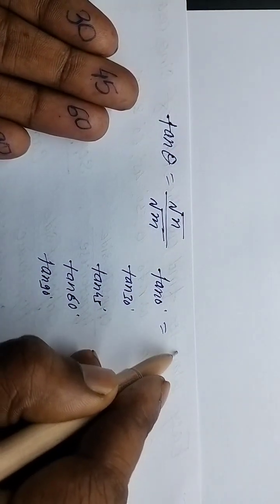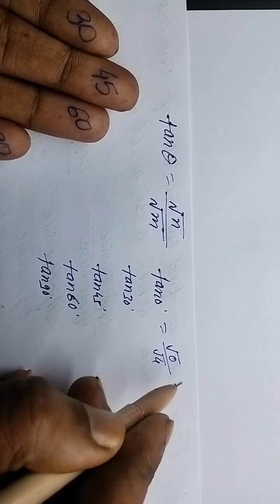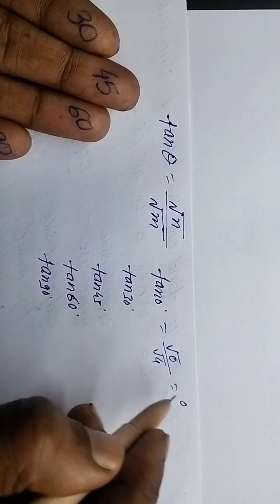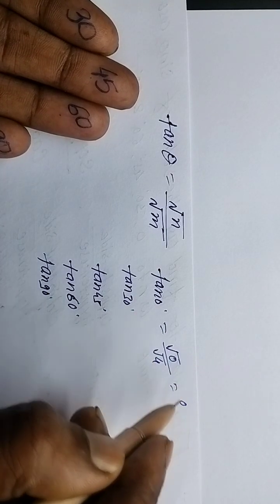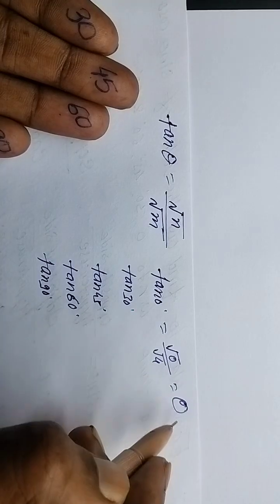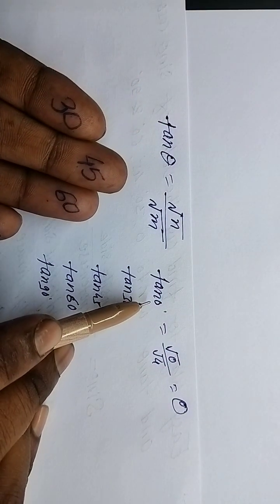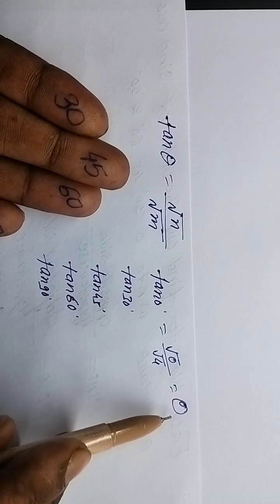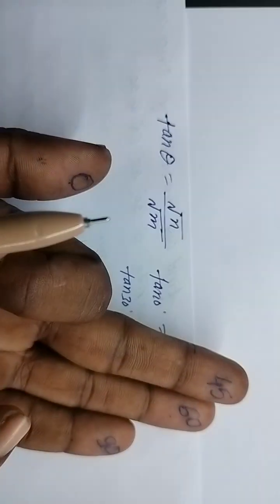What will be received? That means 0 upon 2, the value will be 0. Okay, that means the value of tan 0 is equal to 0.